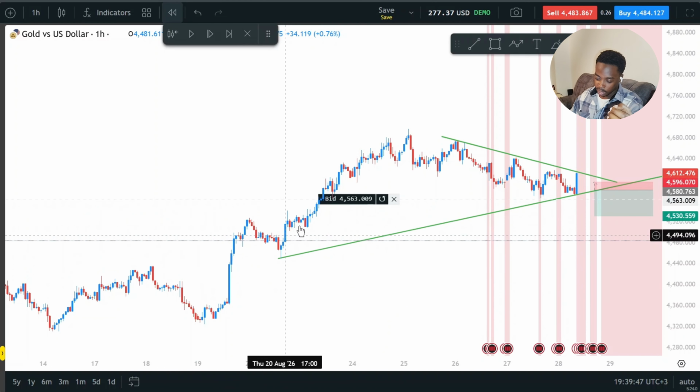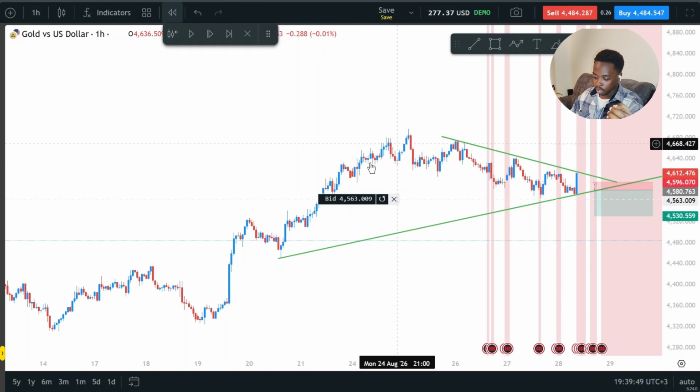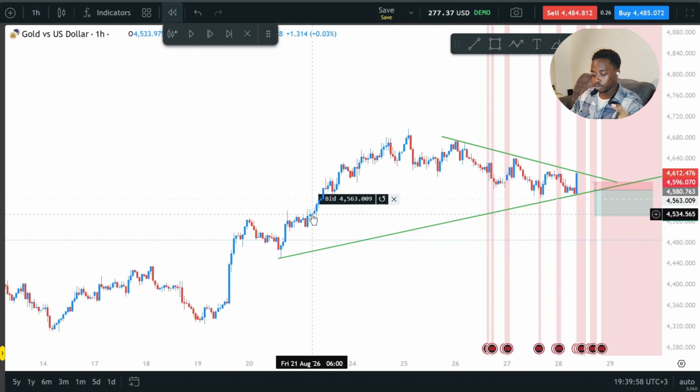Like you see this uptrend right here, the market is not always like this. Throughout this, you can say it's an uptrend, but what if you go to a larger time frame and it's not this detailed?